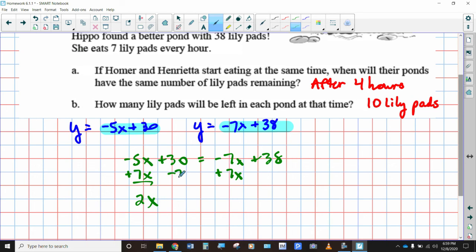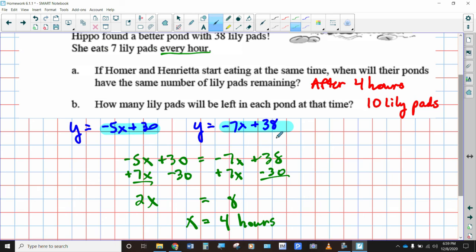And at the same time, I will take away 30 from each side. And so that's going to equal 8. So 2 times x is equal to 8 means that x has to be equal to 4. And in this case, since x represents the number of hours that they've been eating, this translates to 4 hours. In 4 hours' time, they will have the same amount.